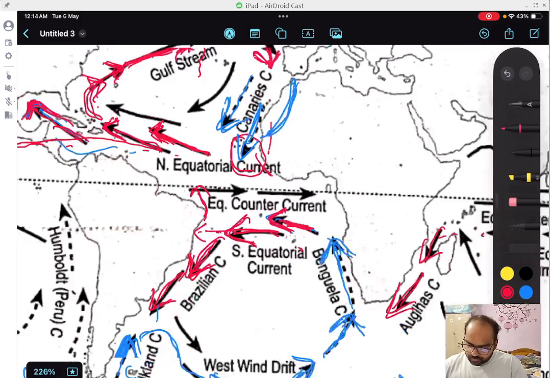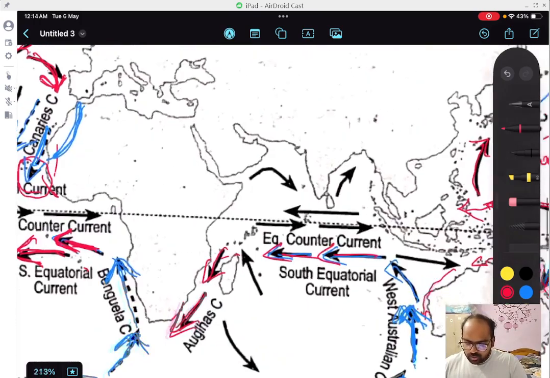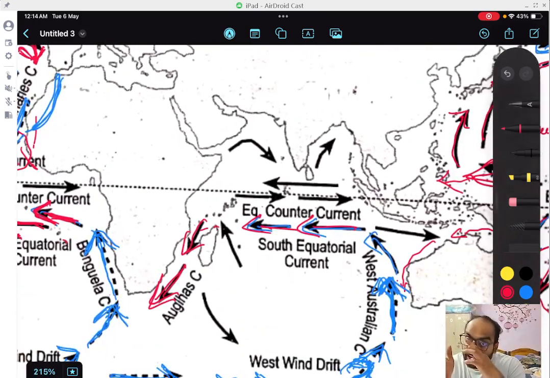And moreover, now we will look into oceanic currents in the Indian Ocean. In the Indian Ocean, what happens? These oceanic currents are influenced by monsoon winds, that is, seasonal winds.